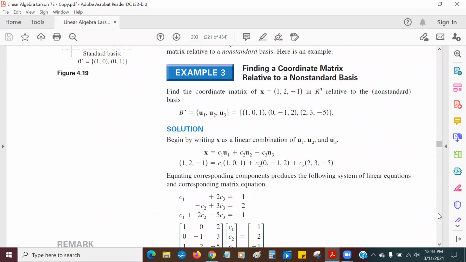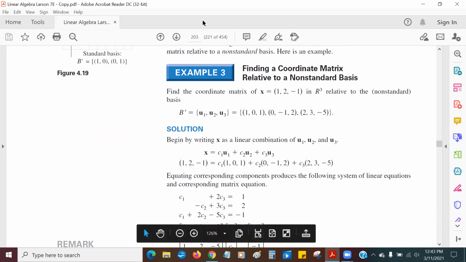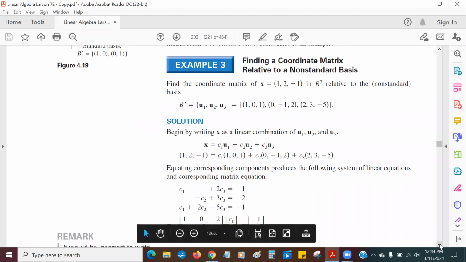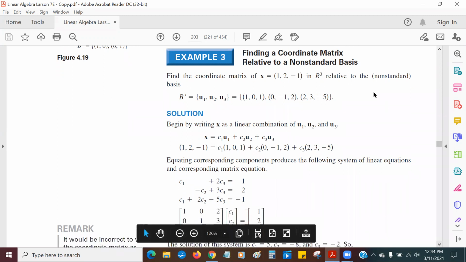Let's look at another example here. In example 3, we're kind of doing the opposite of what we did in example 2. In example 2, we got coordinates in terms of a non-standard basis and converted them to the standard basis.